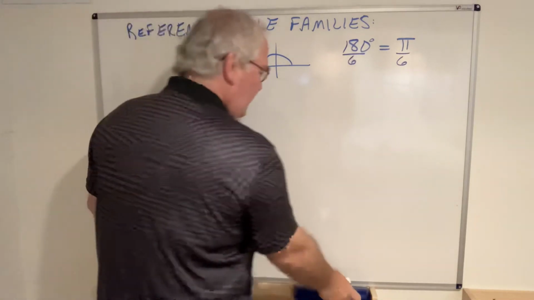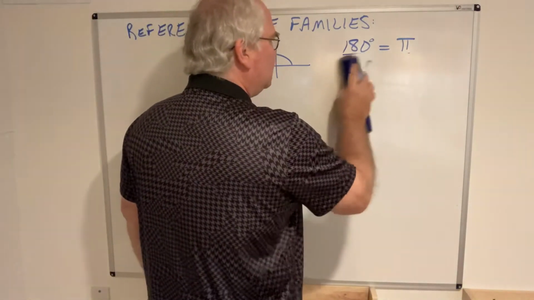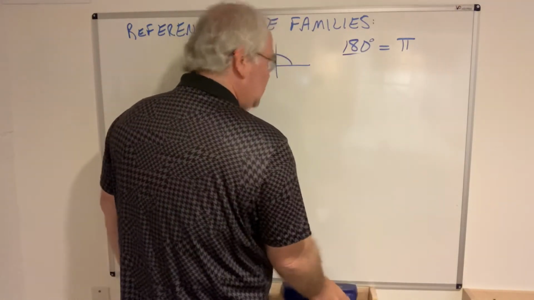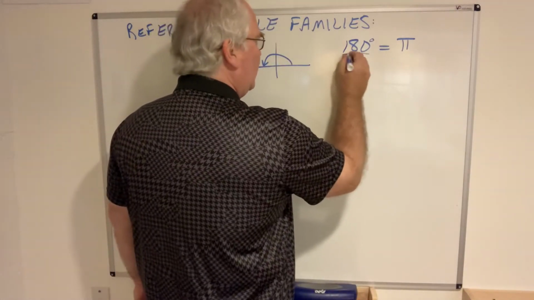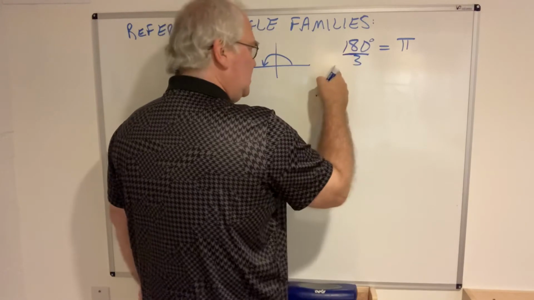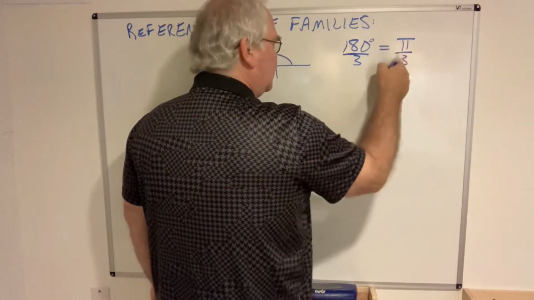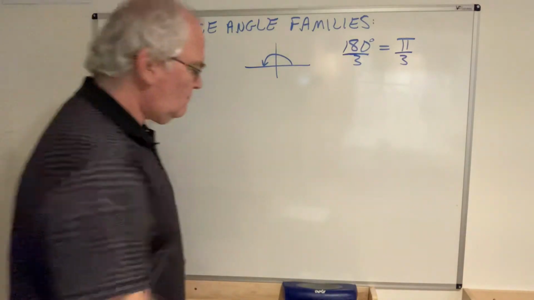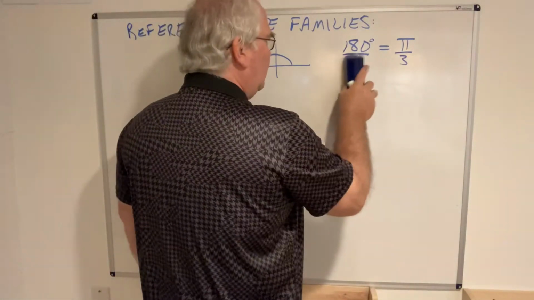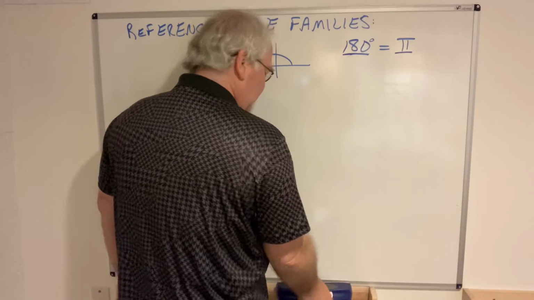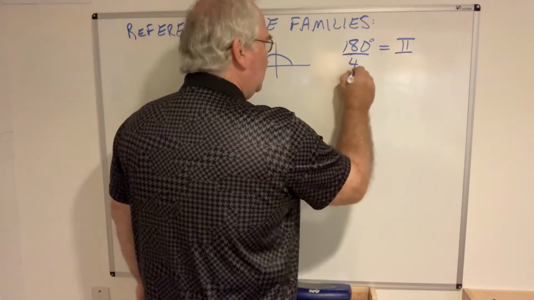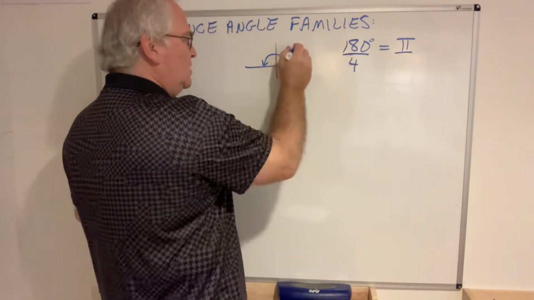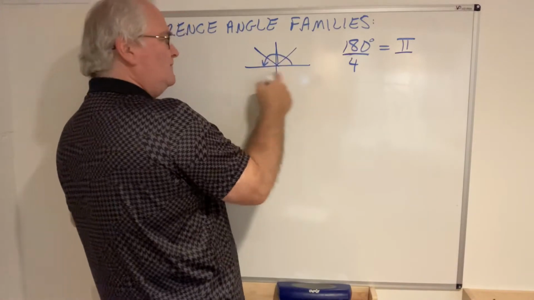And that can be done with any of the basic measure angles. So 60 degrees is 180 divided by 3. Therefore, a 60 degree angle is the same as an angle that measures pi over 3 radians. And similarly, 45 degrees is what you get when you divide 180 degrees into 4 equal parts.